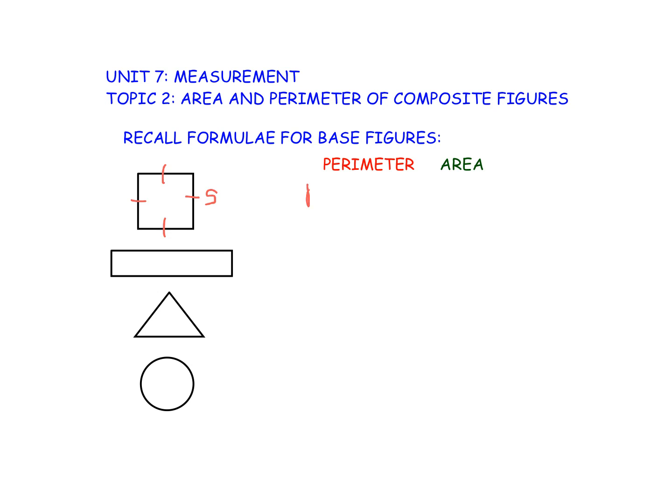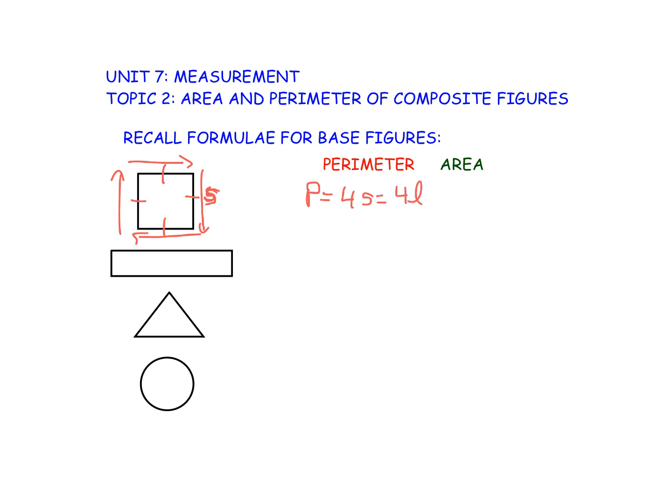But the perimeter is just the distance as you're traveling all the way around the outside edges of the shape. And so we would just be traveling S plus S plus S plus S. And I just realized that looks a lot like a 5, doesn't it? It should be an S. So 4 times S, or 4 times L, or whatever you want to call that side length.